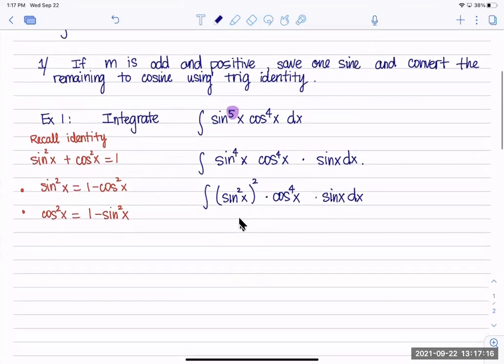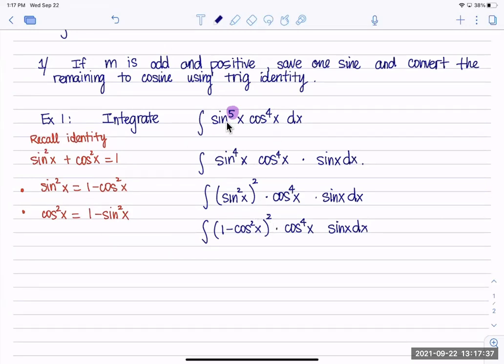Now I can replace sine square by 1 minus cosine square, to the power 2, times cosine 4x sine x dx.